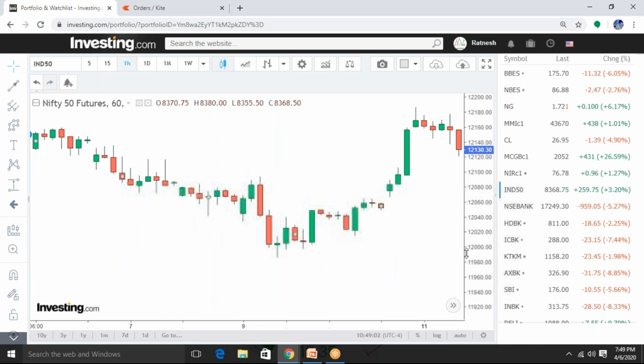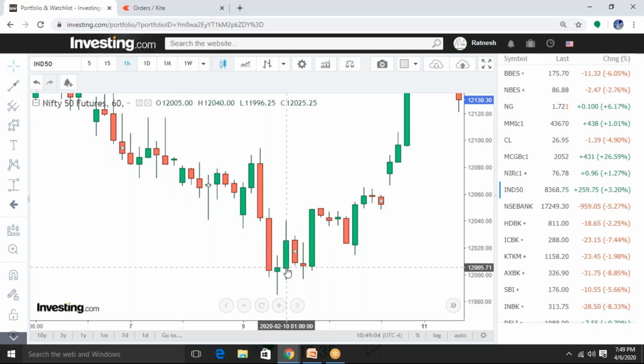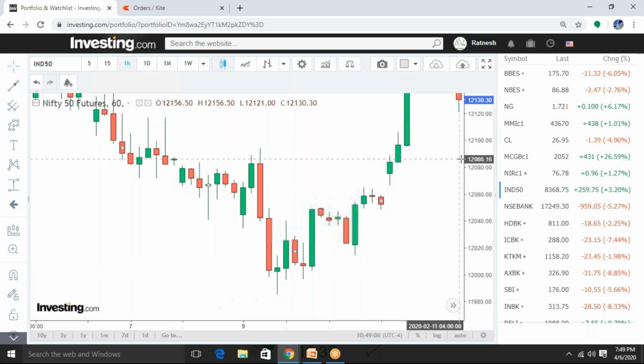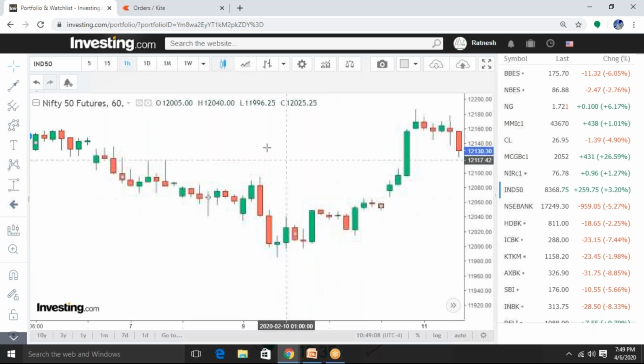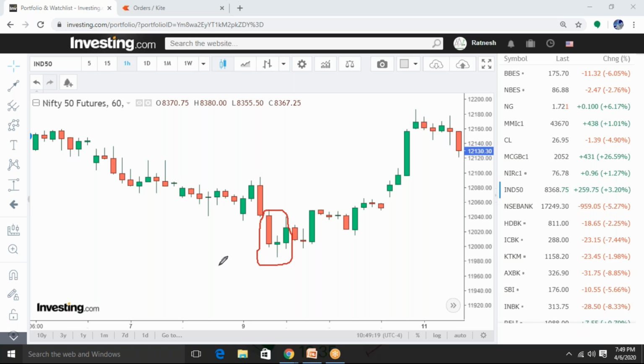What is the name of this pattern? Is it a morning star, guys? Everybody observe this.